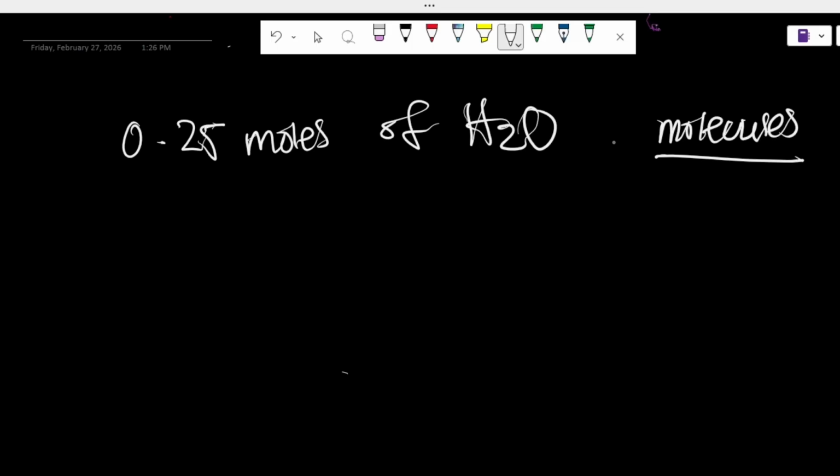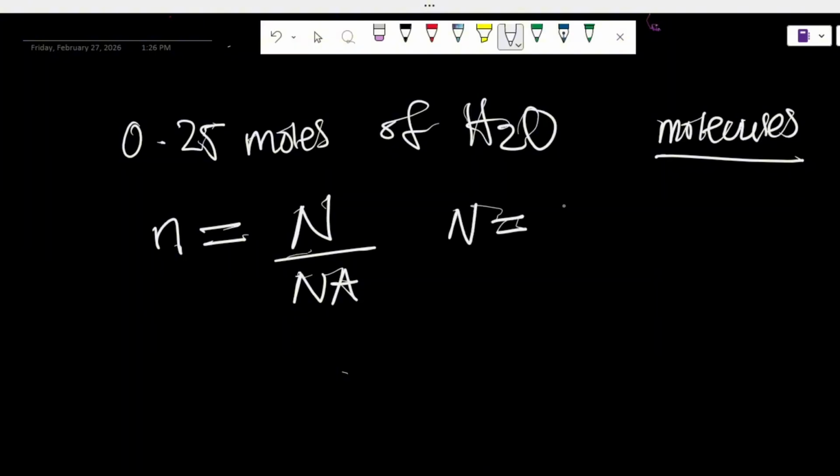Because molecules are part of those particles, then you're talking about the number of particles. So how do you calculate this one? Well, again, you go back to the same formula. Mole is equal to the number of particles over Avogadro's number. So in this case, you can just make N the subject of the formula. You're going to have the number of particles is equal to the number of moles times Avogadro's number.